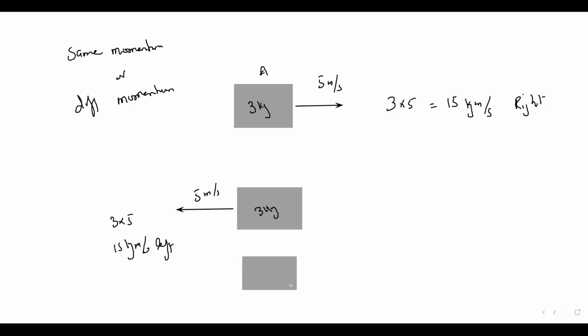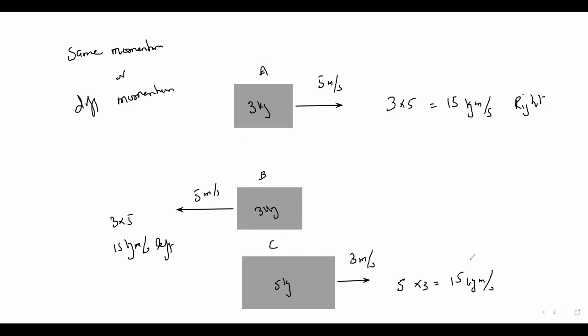Another object is there, a 5 kilogram object moving towards the right-hand side with a speed of 3 meters per second. What about the momentum of this object? It will be 5 multiplied by 3, which equals 15 kilogram meter per second. So we can say object A and object C have the same momentum.